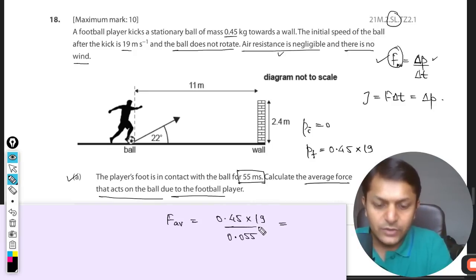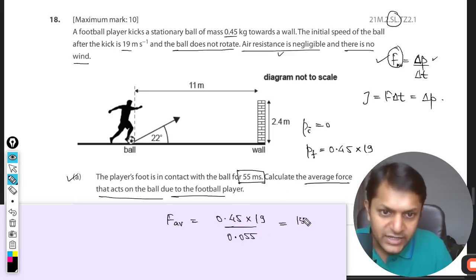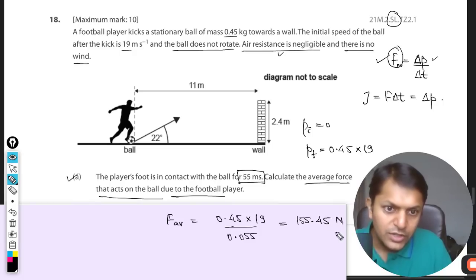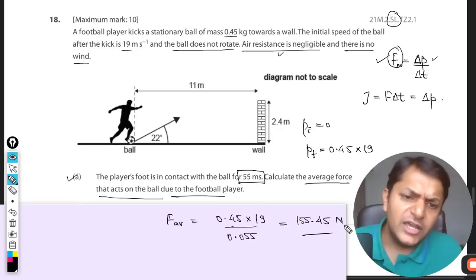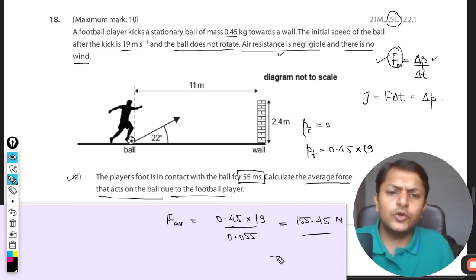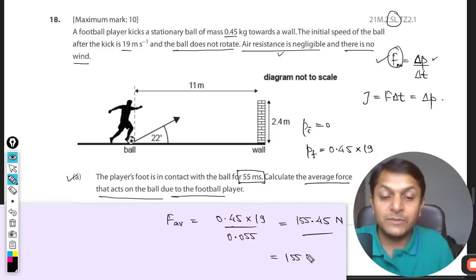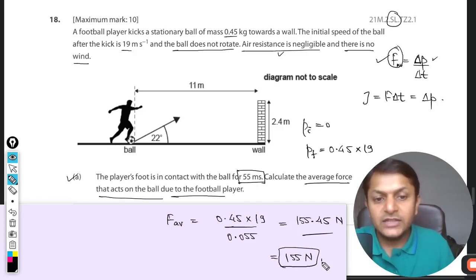According to the calculator, 0.45 multiplied by 19 divided by 0.055, I'm getting the answer as 155.45 Newton. We can't get rid of anything here, so it will be three significant figures minimum. So it will be 155 Newton. This will be your answer.